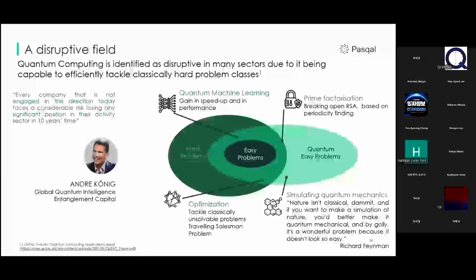Because the field itself is quite complex, the notions are a lot more diverse than what we have in a classical scenario. But what's important here is that when people typically speak of easy problems or hard problems, what they have in mind is easy or hard for a classical computer.